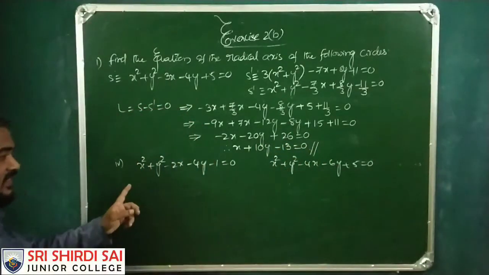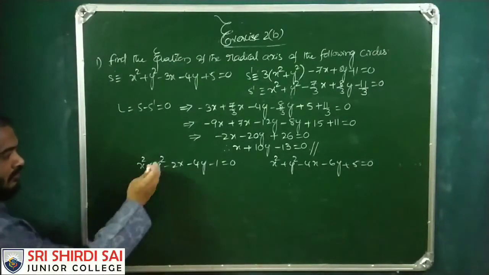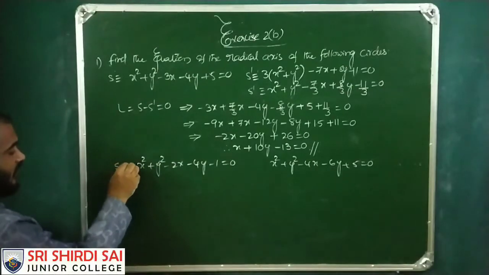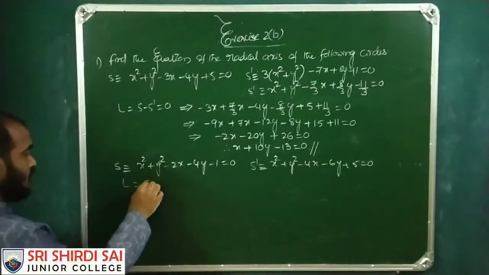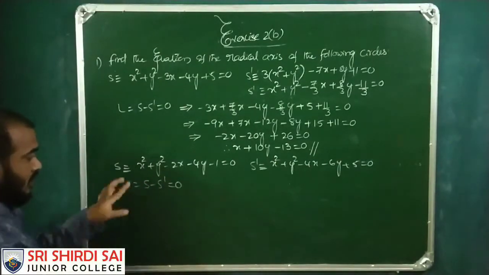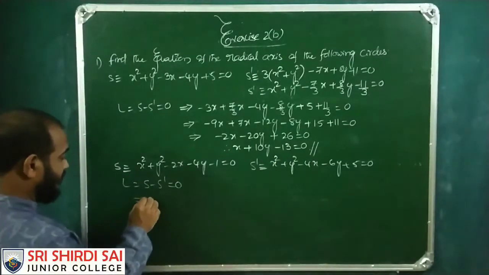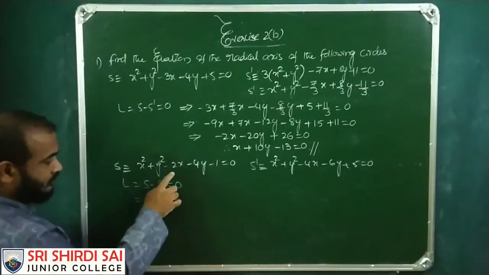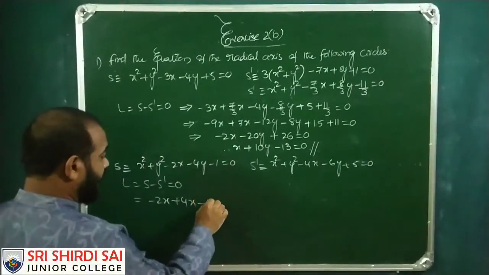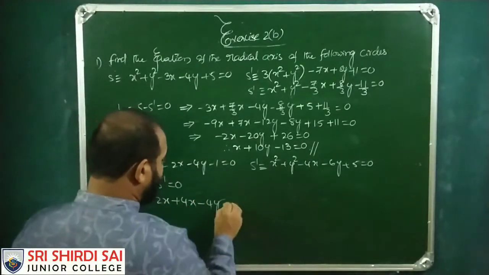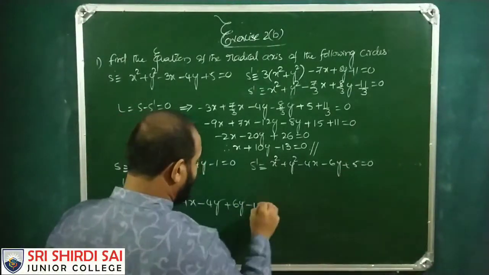So let us take the next question now. X square plus y square, the fourth bit of the same question. This is S and this is S dash. So L equals S minus S dash equals 0. X square plus y square, x square plus y square gets cancelled. So this equals minus 2x plus 4x, minus 4y plus 6y, minus 1 minus 5 equals 0.